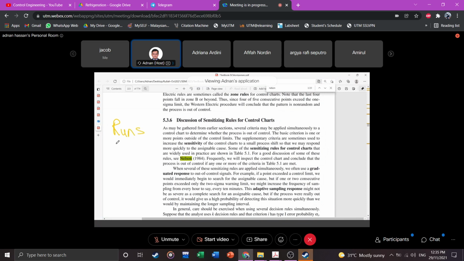The runs rule is also a method that we can use to recognize variability within control limit, to detect unnatural variation within control limit.